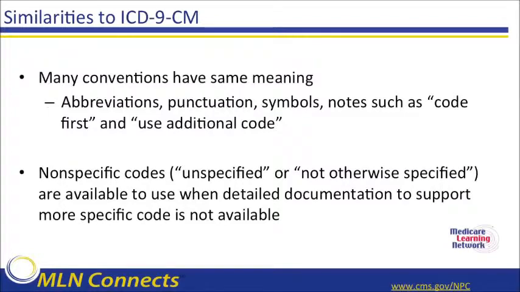Many conventions, such as abbreviations, punctuation, symbols, and instructional notes, have the same meaning in both ICD-9-CM and ICD-10-CM. Just as in ICD-9-CM, ICD-10-CM has unspecified codes for use when no information is available to support a more specific code. I will be discussing unspecified codes in more detail later on.